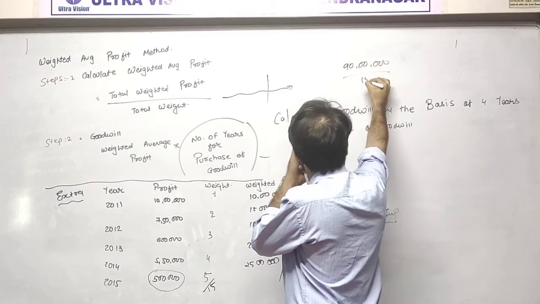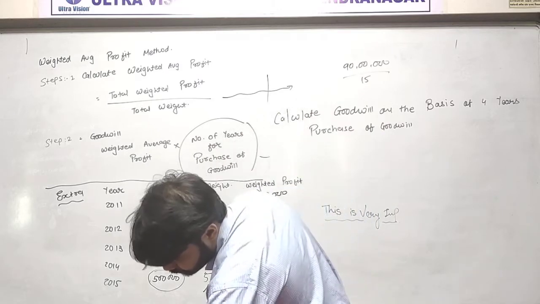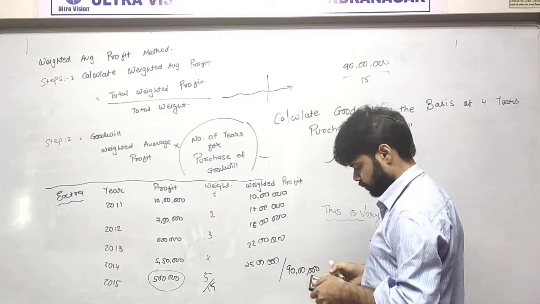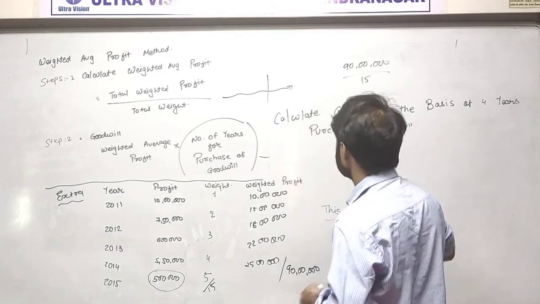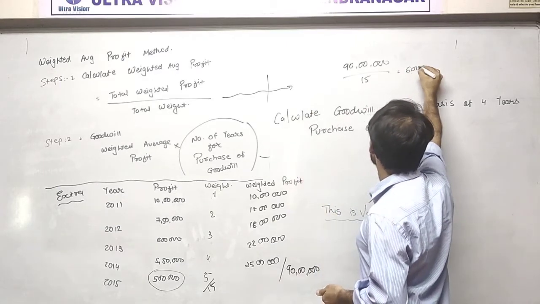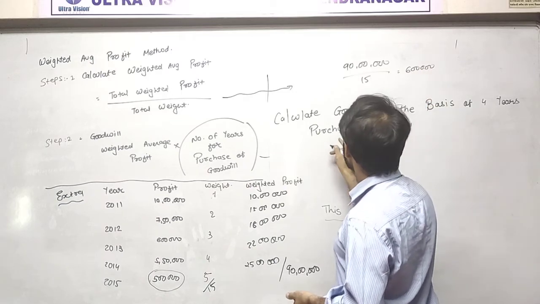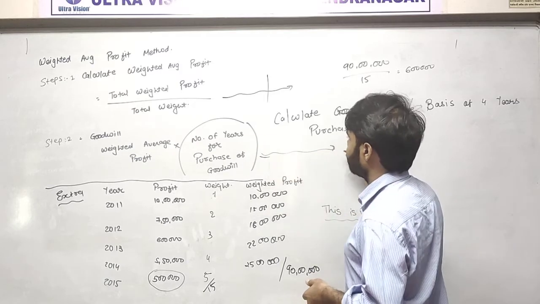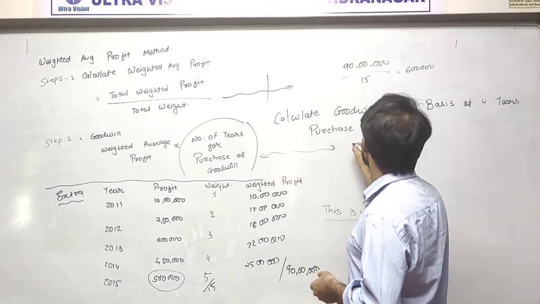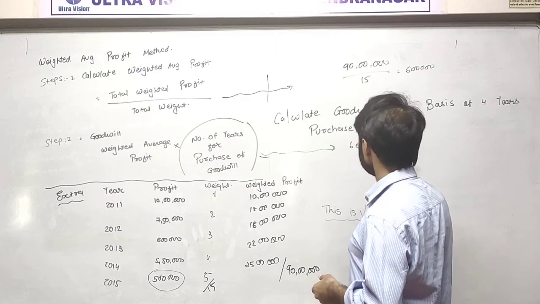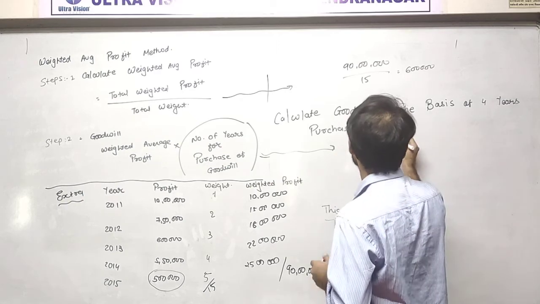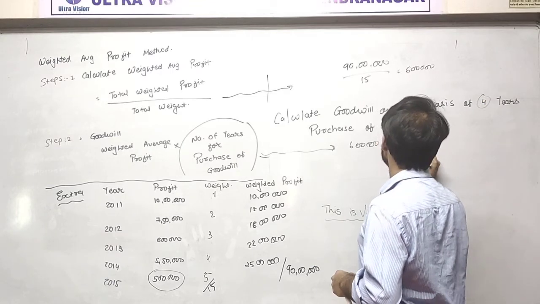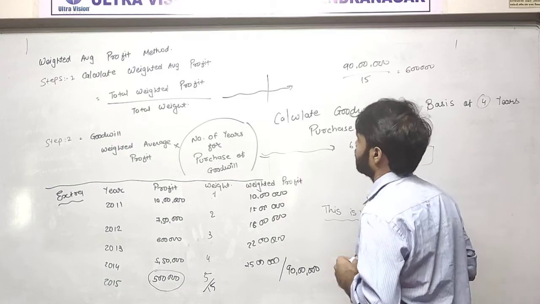Divide by 50, it is 6 lakh. If you follow this step, then goodwill equals weighted average profit, that is 6 lakh, times the number of years of purchase of goodwill, that is 4. Then it is 24 lakhs, the amount of goodwill.